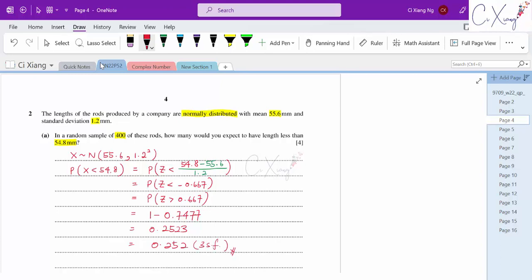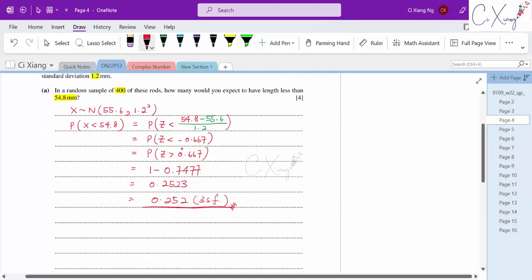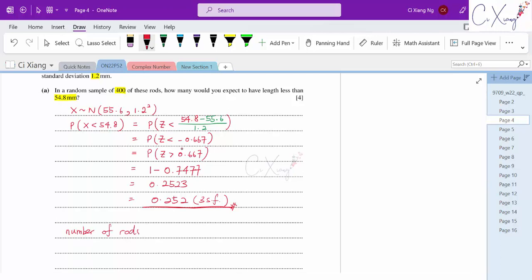So this is a probability. Since they are asking for the number of rods, not the probability, to calculate the number of rods we need to take the total rods, which is 400, multiplied by the original probability 0.2523, and you get the value 100.92.